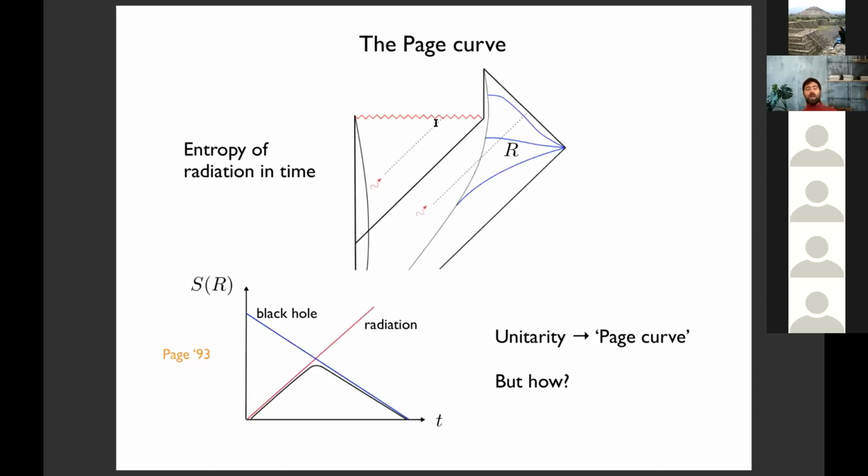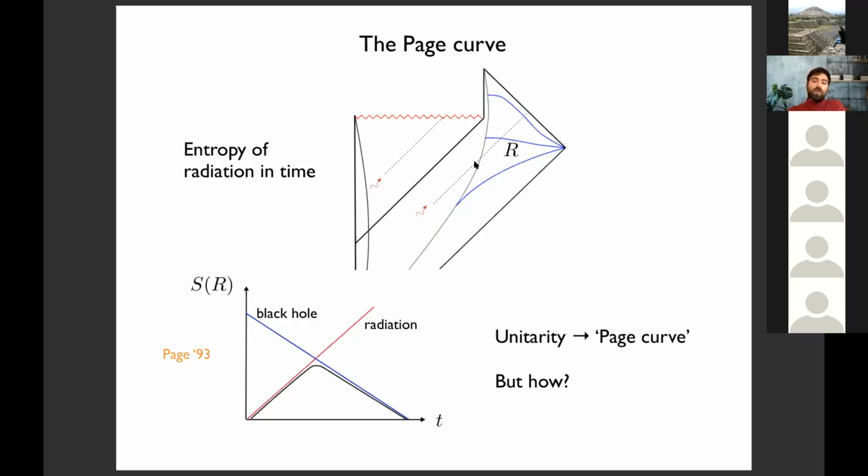So the last thing I want to mention is how do you get a page curve from this story? Just a very quick reminder of what the page curve means, at least in the context of black holes. The idea is that there's a black hole that is evaporating, and you're trying to compute the entropy of the radiation as a function of time.